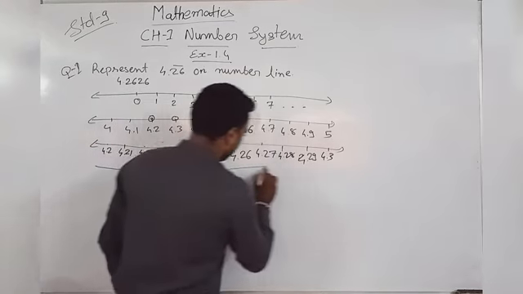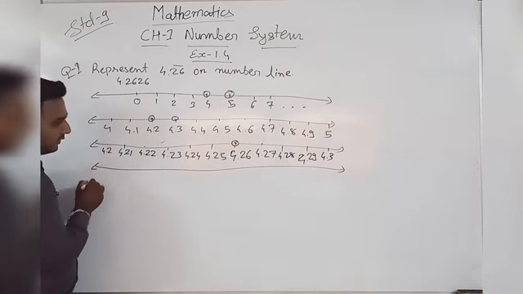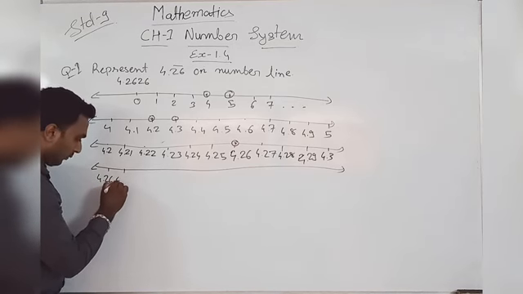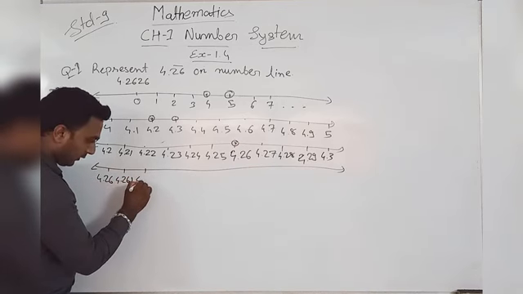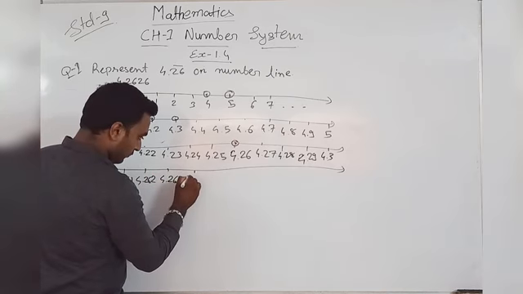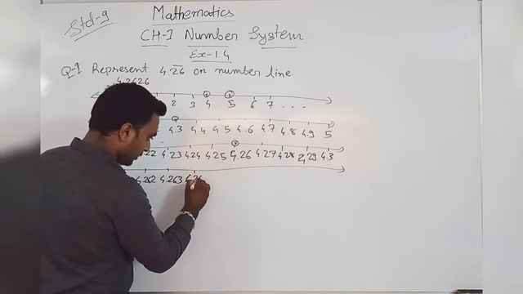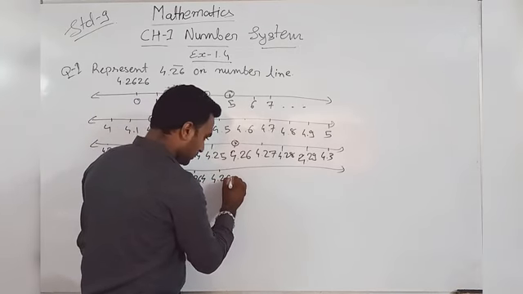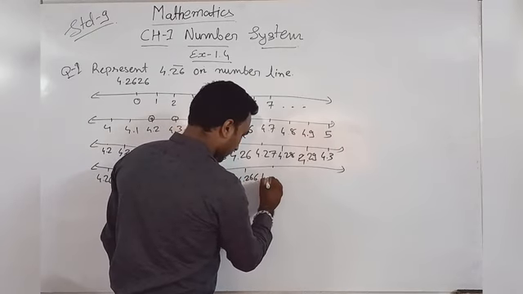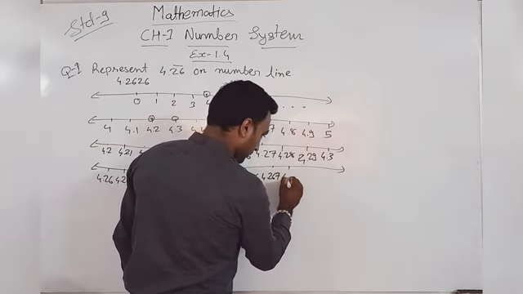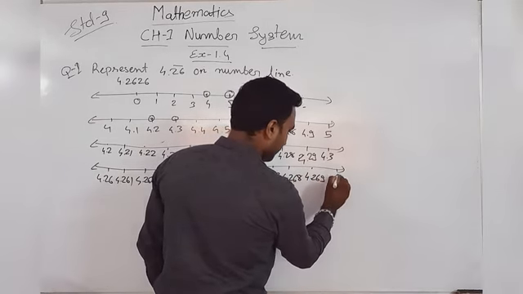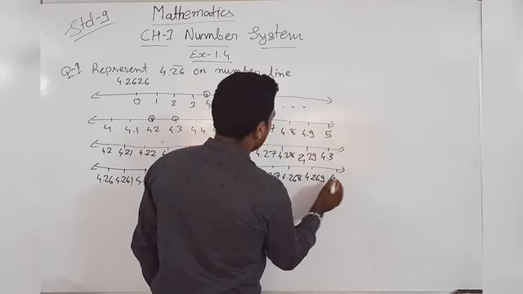Again we split this in this way. 4.26 is here, 4.261, 4.262, 4.263, 4.264, 4.265, 4.266, 4.267, 4.268, 4.269 and 4.27.